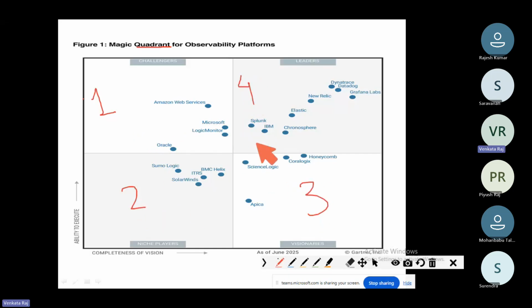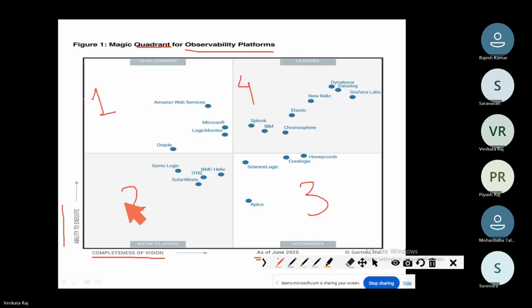Right? This is a quadrant. As I told you, completeness of vision, ability to execute. This is the June 2025 report, guys. Okay. So here all of you see, this is the Magic Quadrant for observability platforms. Are you getting me?